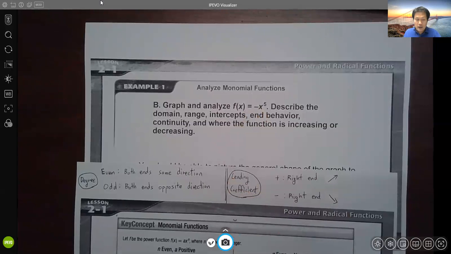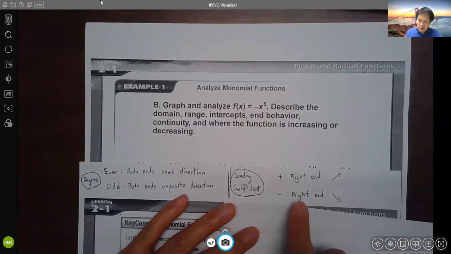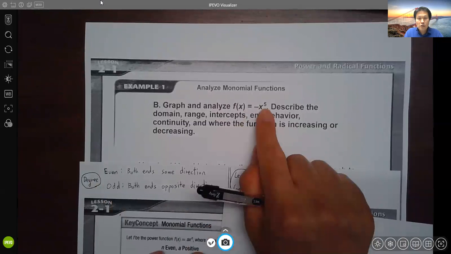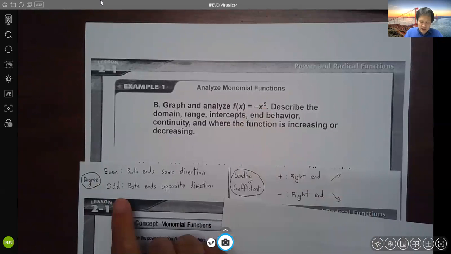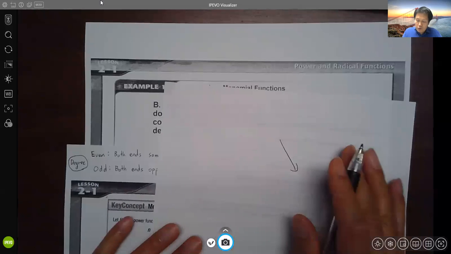Leading coefficient is -1, so that tells me right hand has to go down. The degree, if you look at the power, is 5, which is odd power. So that tells me both ends go in opposite directions.